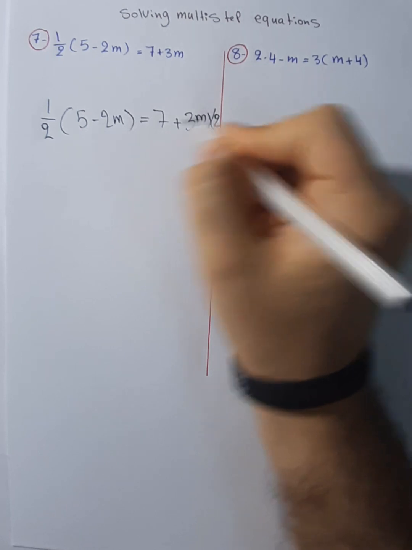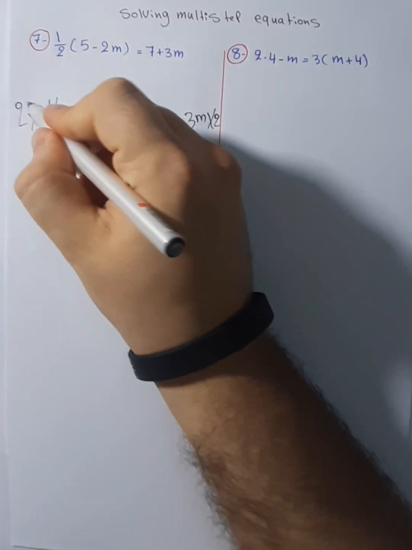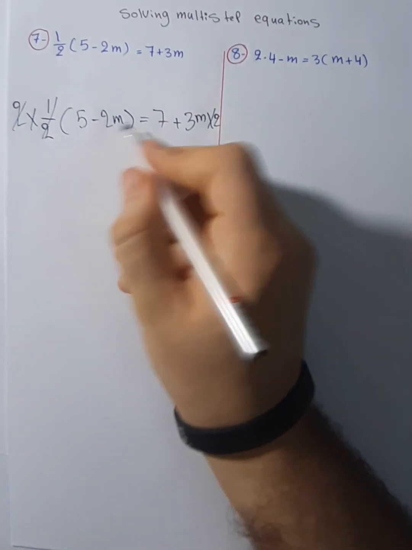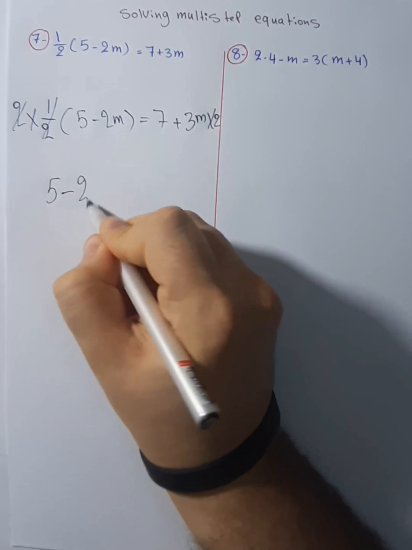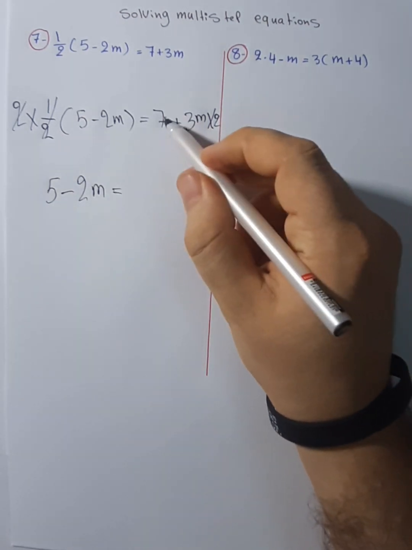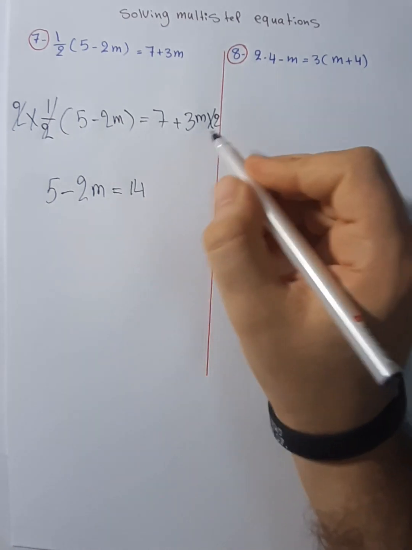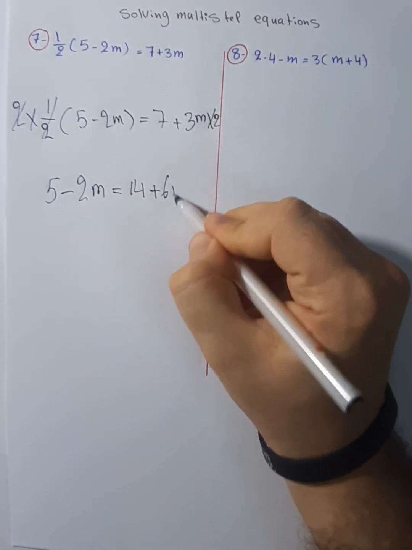We can multiply both sides by 2. This fraction and this 2 reduce. 5 minus 2m stay, equal to, and then 2 times 7 equal to 14, plus 2 times 3 equal to 6m.